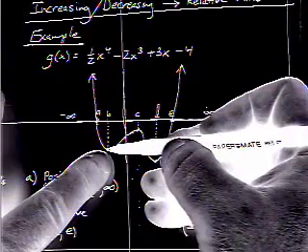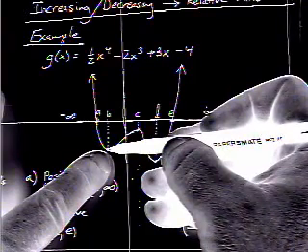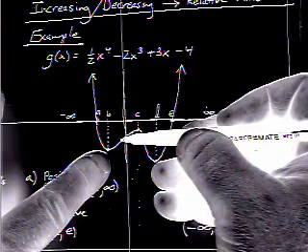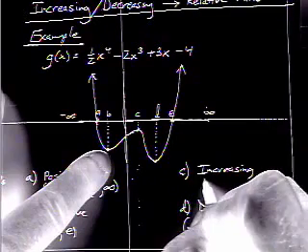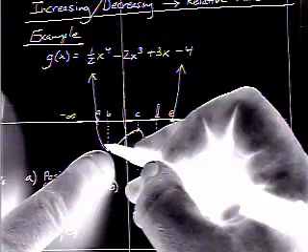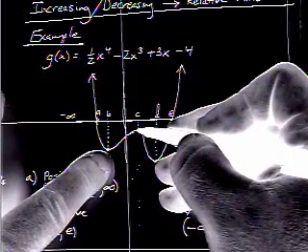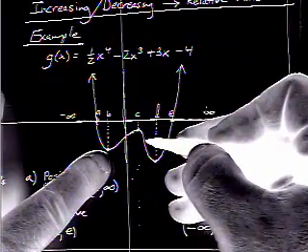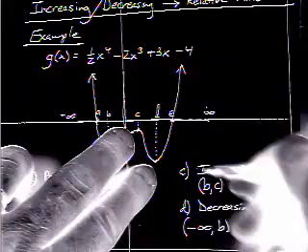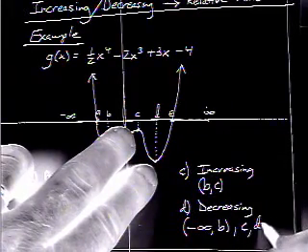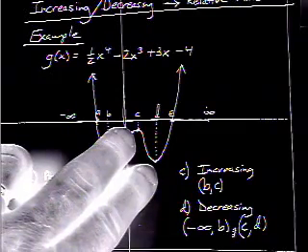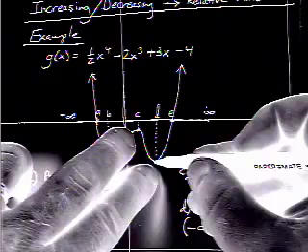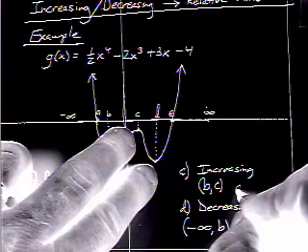But when I reach that x value of b, the y values start to increase again until I reach c. So from b to c, the roller coaster's going up. But at c, we start to go back down again till we get to d. So from c to d, we're going back down. And after d, from d to infinity.